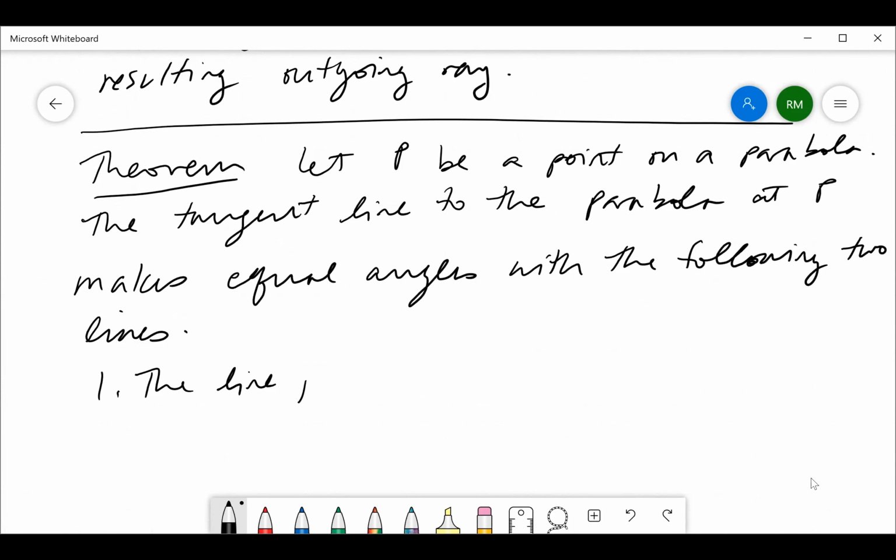The line passing through P and the focus.